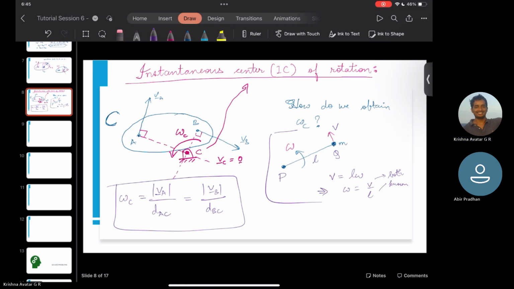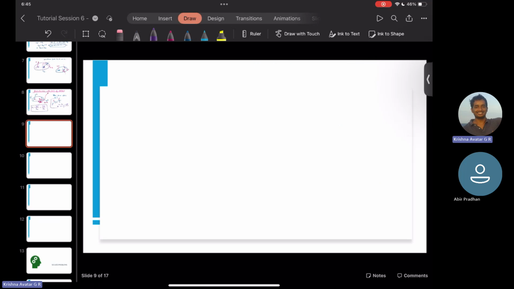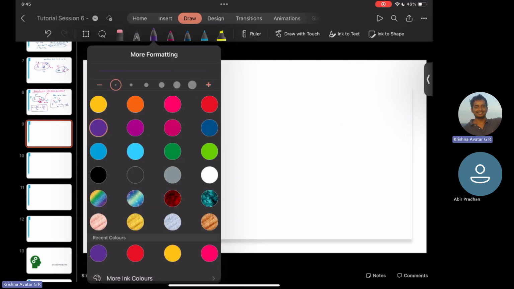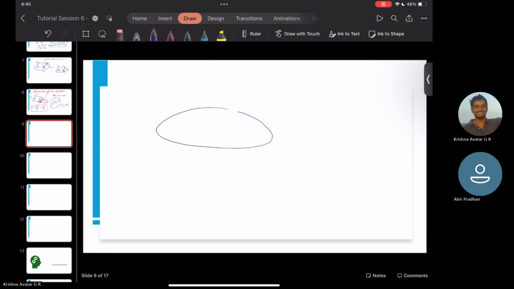Now, this was for any two points with their own arbitrary velocities in the planar rigid body. Say, what if you have a rigid body with points A and B, and the velocities are parallel, right? So what if the velocities are parallel?